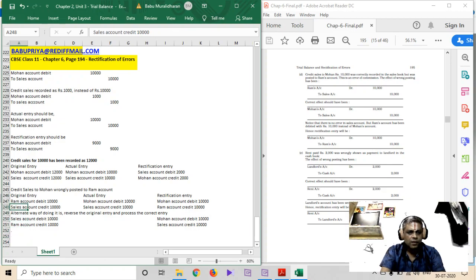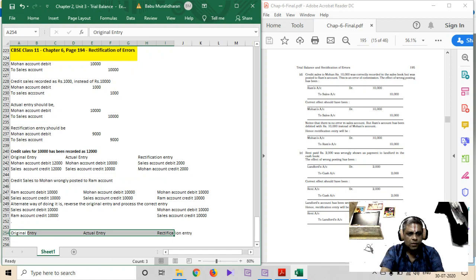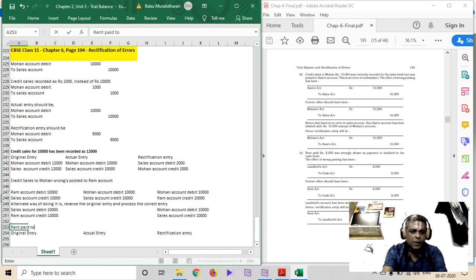Rent paid to landlord has been shown as payment to landlord. If the rent paid is through creditors, it's not confused. So rent paid is an expense.